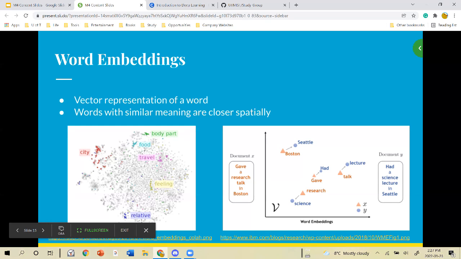So that's how it stores the context or meaning of that word. Another example is Seattle and Boston. They have closer meaning, so they're placed closer spatially. That's how word embeddings work, and how you represent words in a data format.